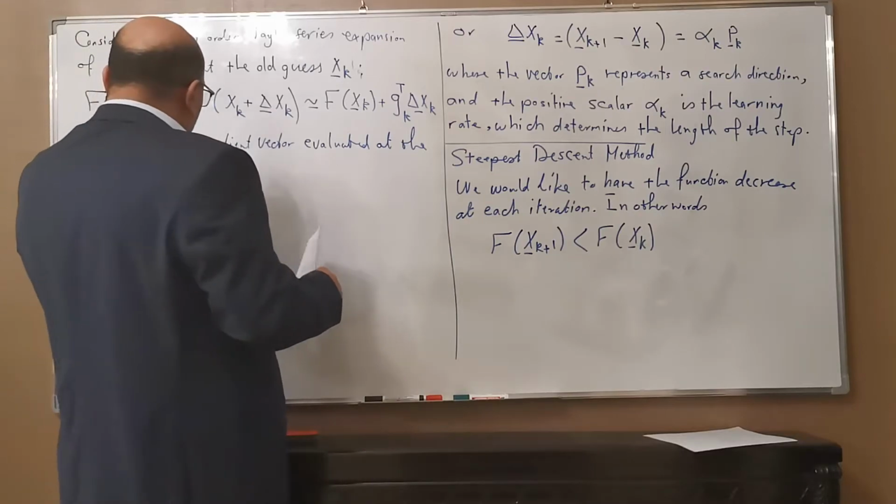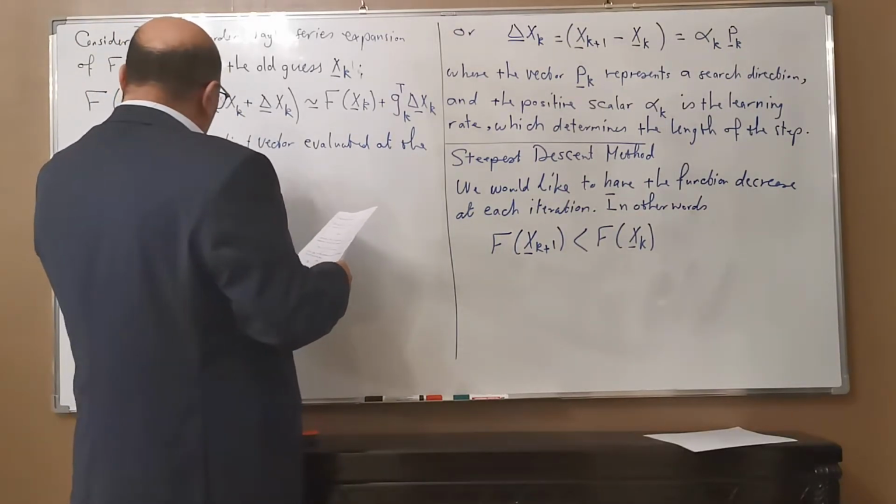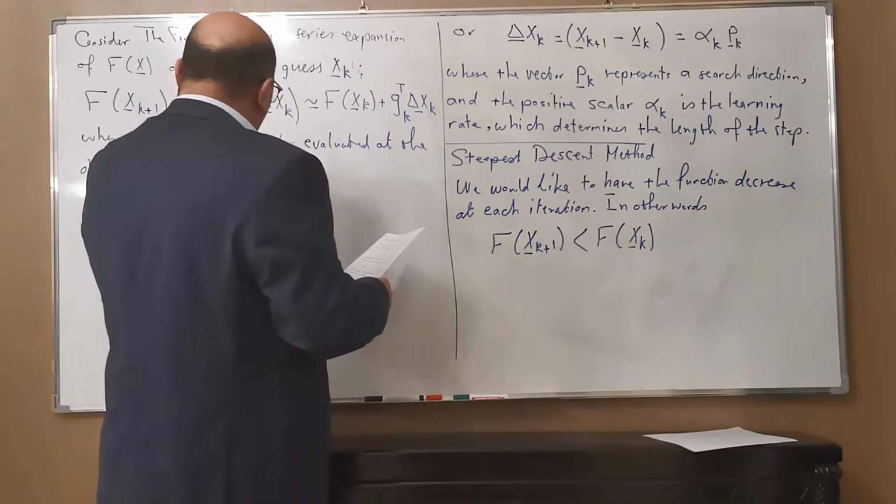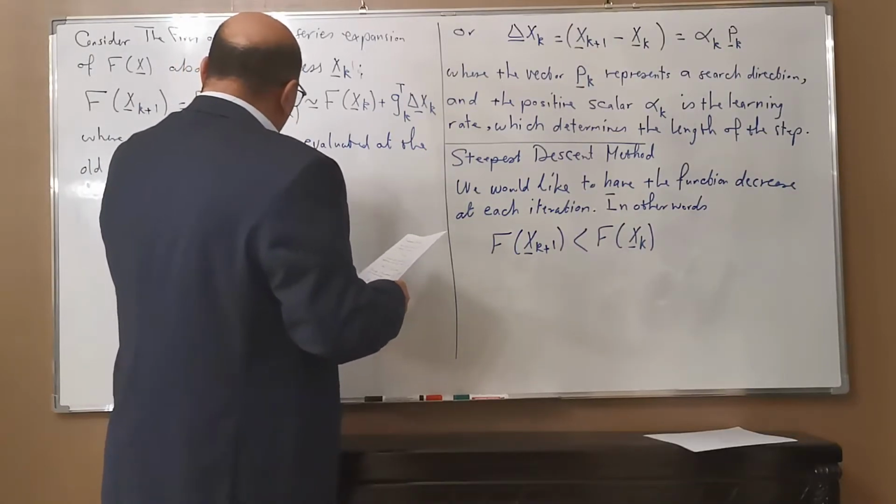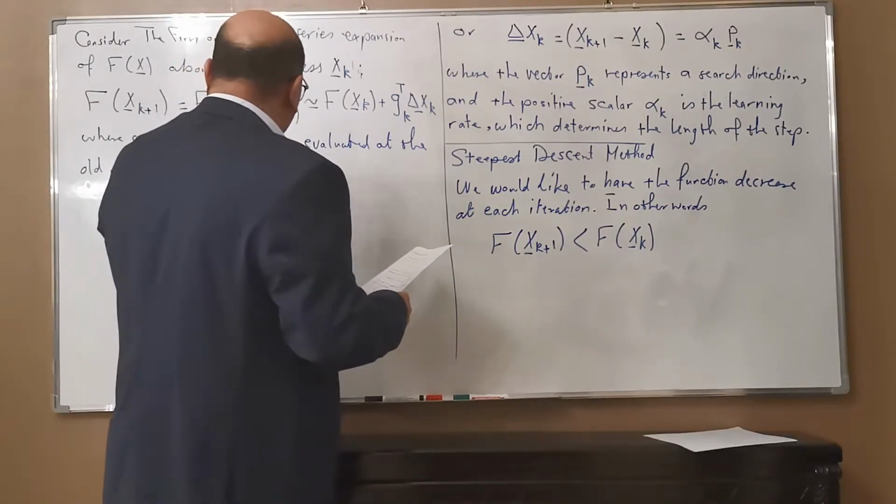So gk is equal to the gradient of f at xk.